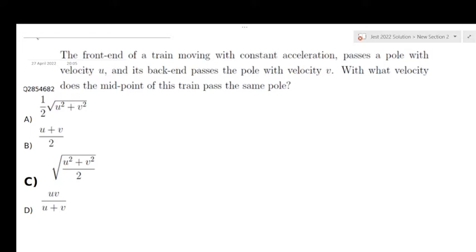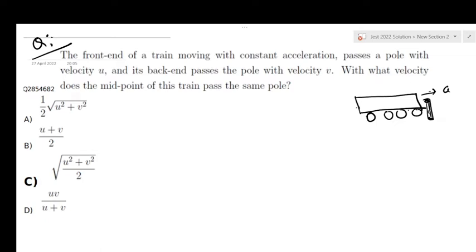Here the next question is: the front end of a train moving with constant acceleration. Suppose the train is here like this, and the pole is here.